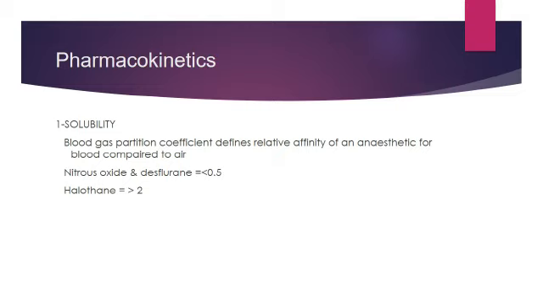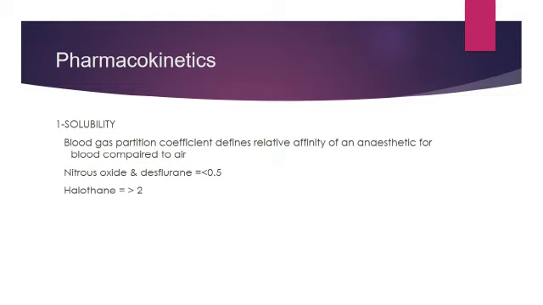Now, some of these inhaled gases have a low blood gas partition coefficient and some have a high one. For example, nitrous oxide and desflurane are examples where the blood gas partition coefficient is low, less than 0.5. And halothane has a blood gas partition coefficient of more than 2.